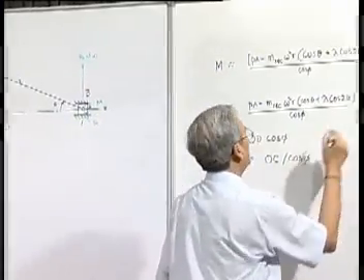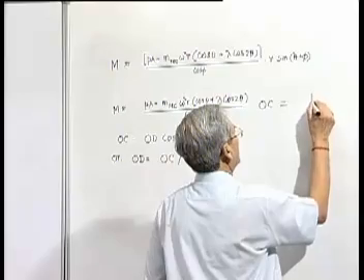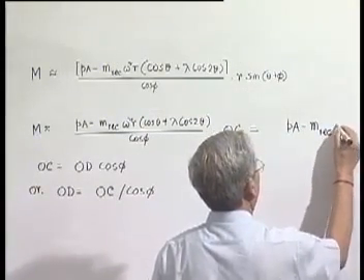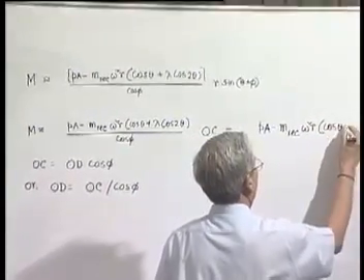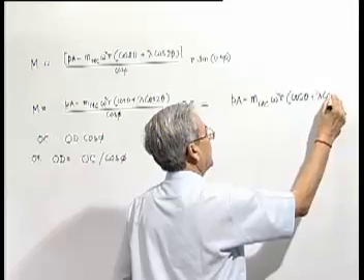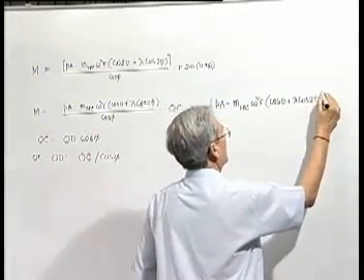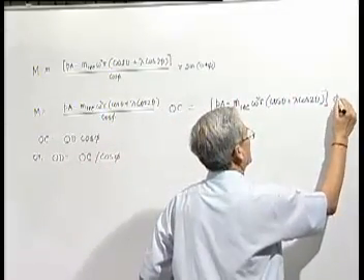Using this we can now write this is equal to, and now OC by cosine phi is nothing but this.